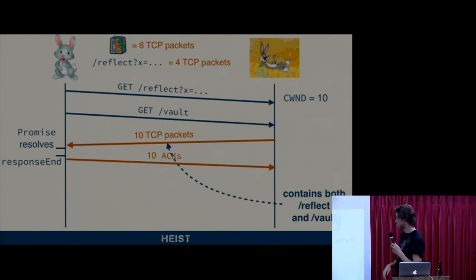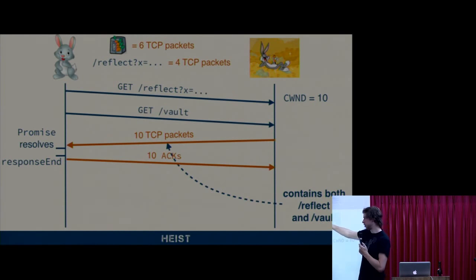Yeah, so this is the example with HTTP2. Here you send two requests. One is, I call it reflect here, but it could as well be a resource that you know the size of, or a resource that you upload, for instance.